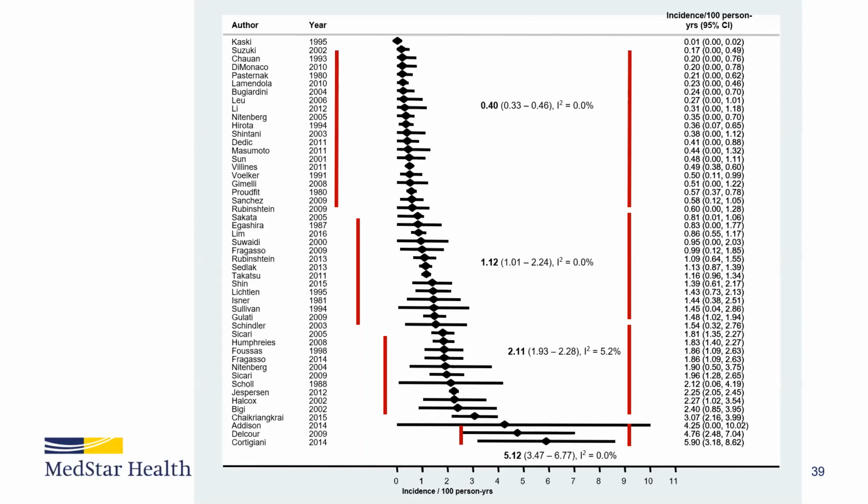What you can see here is that we have a group of studies where the incidence is quite low, about 0.4, and then other groups of studies where it's higher, 1.1 here and 2.1 for these sets of studies, although the confidence intervals do overlap here. Then the last 3 studies have an incidence that is quite large, of 5.